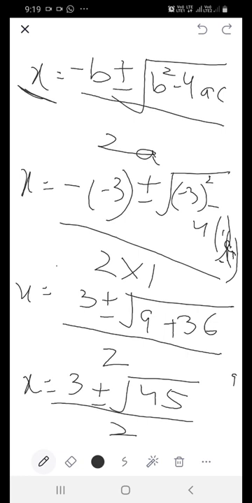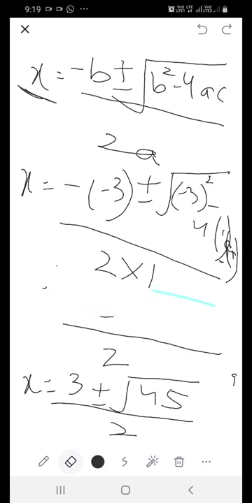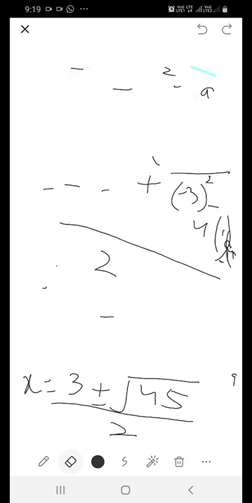Now how to solve it further? You have to now find the value of square root 45. Now you know square root 45 is not a perfect square. So you are going to see its value from the square root table.